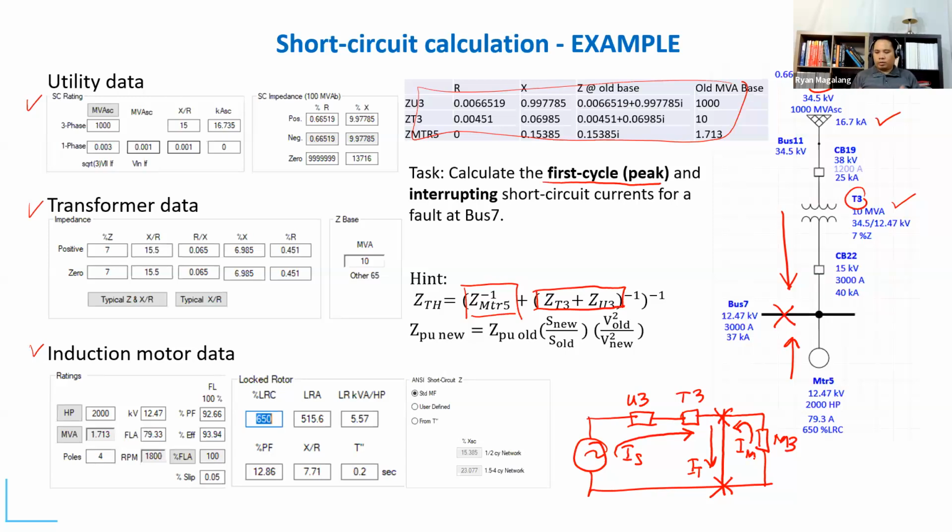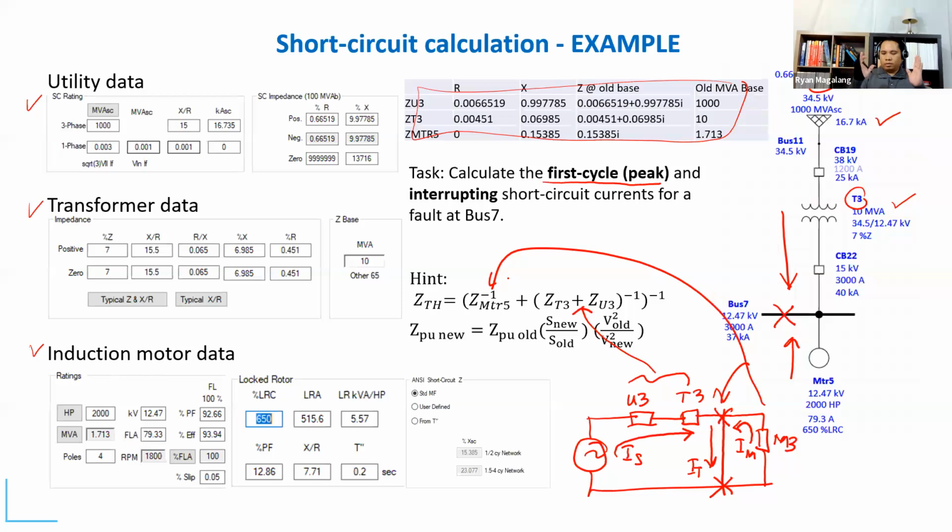So if you fold the connection from this point, they're connected in parallel. That's why our expression here is this: they are in series, and this M3 impedance, the impedance of your motor, is connected in parallel here.